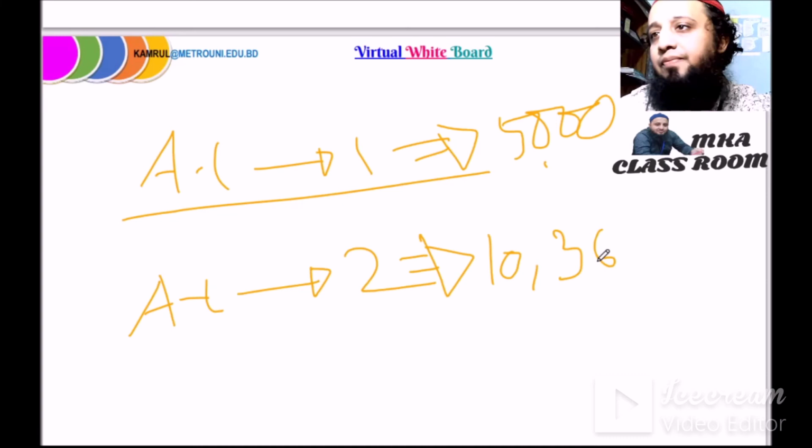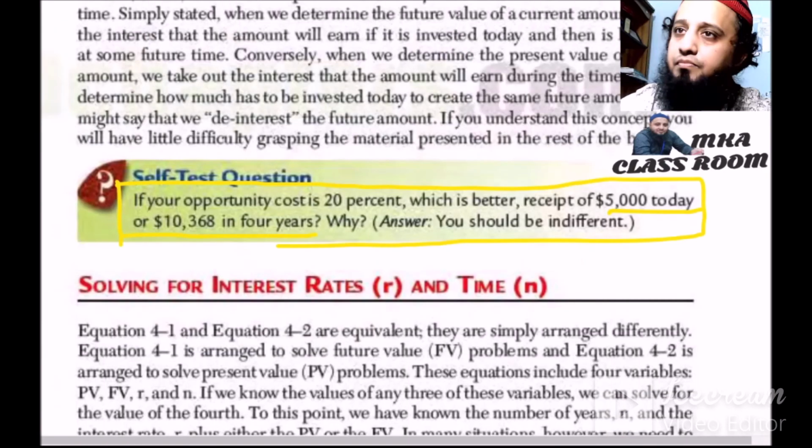Alternative 1 is 5,000 taka you will receive today, or after 4 years you will receive 10,368 taka.